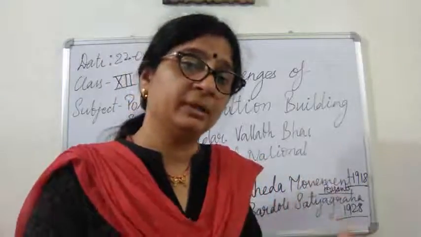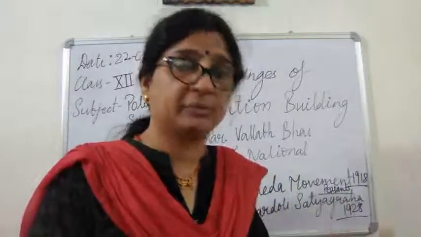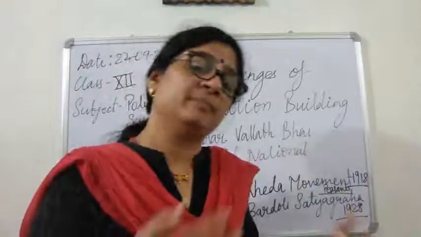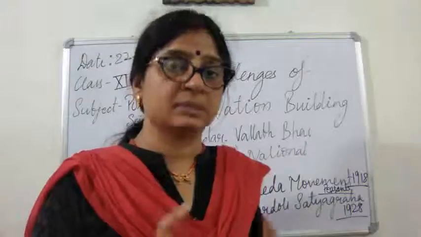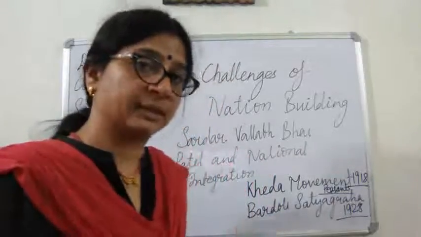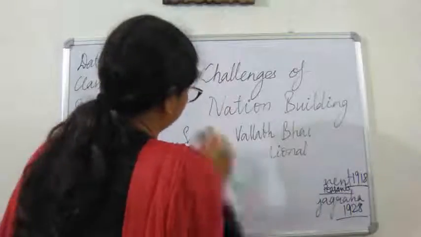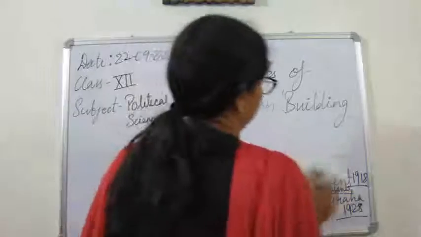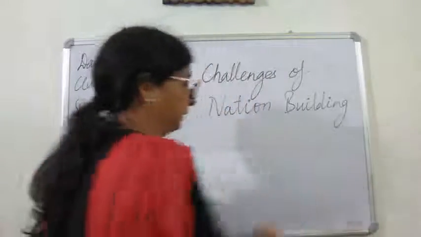Even before the announcement of independence, even before 15th August 1947, most of the princely states integrated with India. But some princely states were there in which problems arose, and there were three princely states which caused trouble in their integration with India.